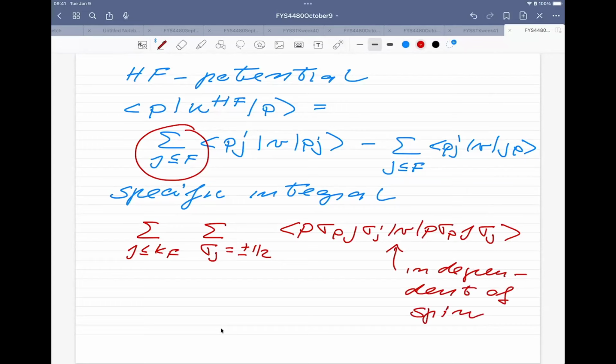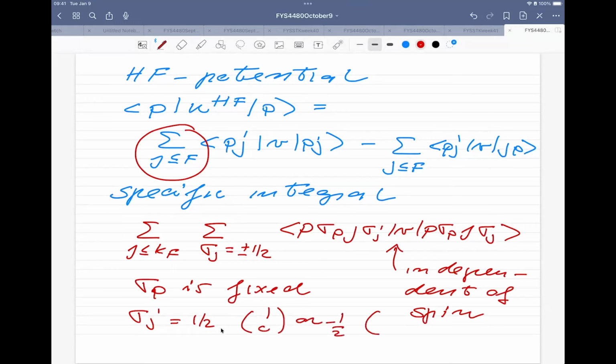So when I'm now making the summations, I have to be a little bit careful. Sigma P is fixed, but sigma J can take the values plus 1/2, which means that we have a spin of 1, 0, or minus 1/2, which means that we have a spin of 0, 1.